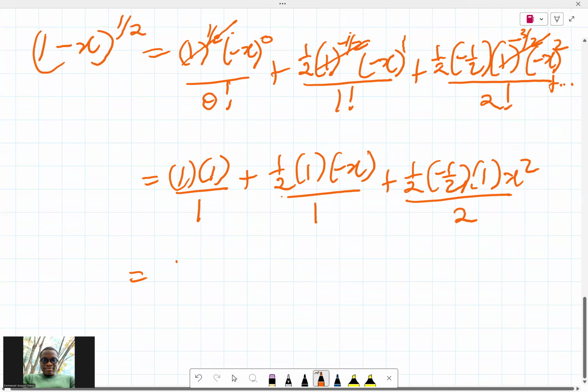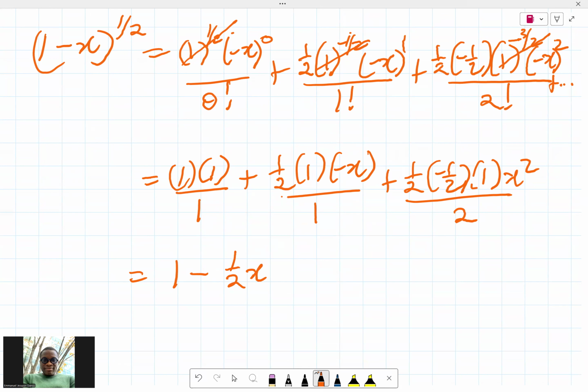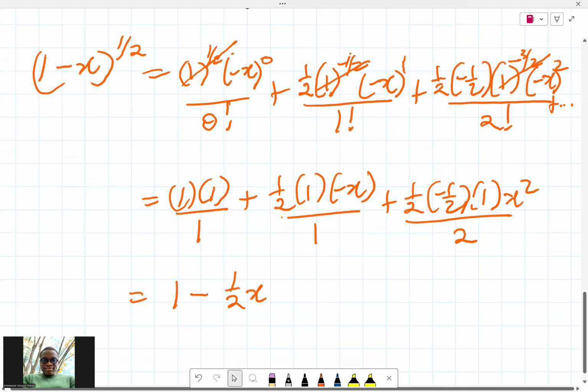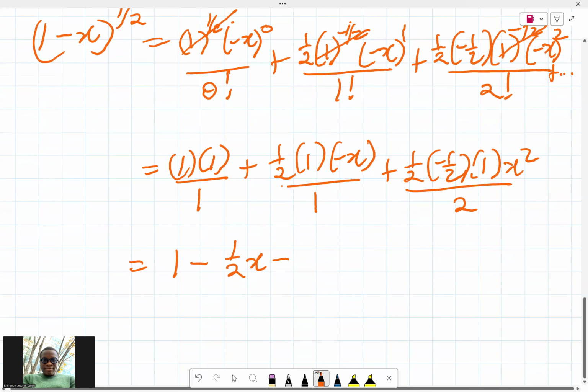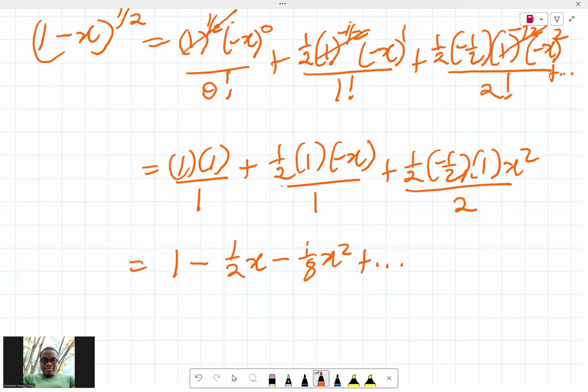So we have 1 minus half x. Then we still have minus here. This 2 down here can actually come as, so this is like half times half times half. That's 1 over 8 x squared. And that still continues.